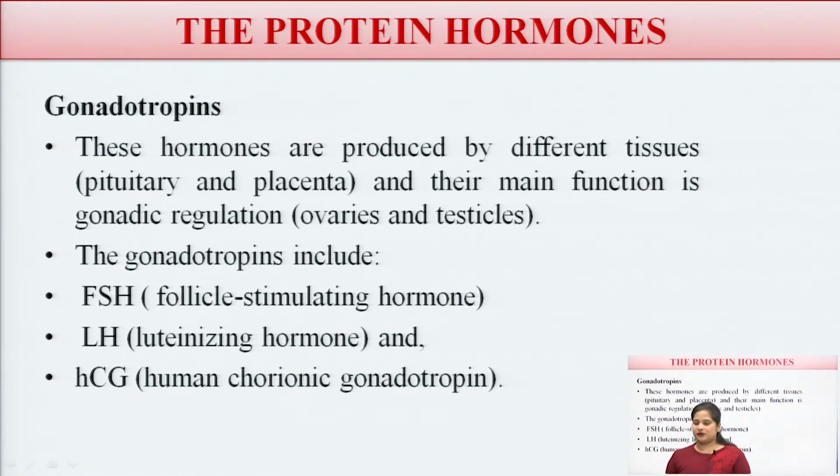Now let us start with the protein hormones. There are various types of protein hormones. The first is the gonadotropins. These hormones are produced by different tissues like the pituitary and the placenta, and the gonadotropins are released from the anterior pituitary gland.